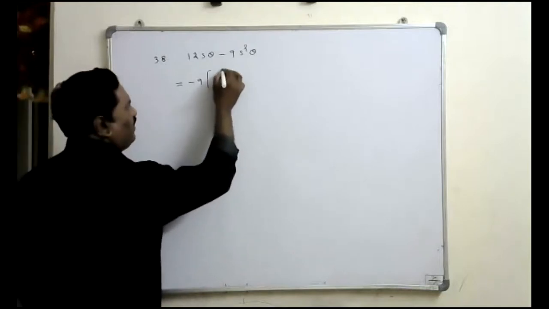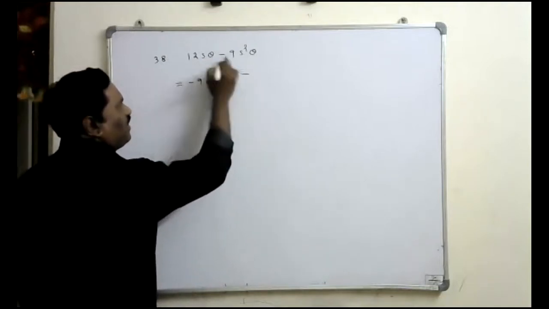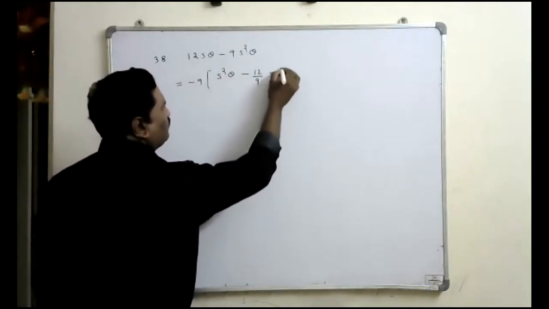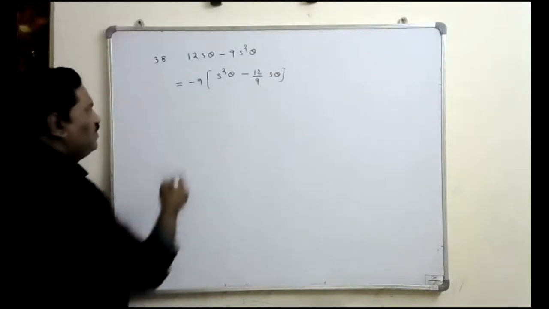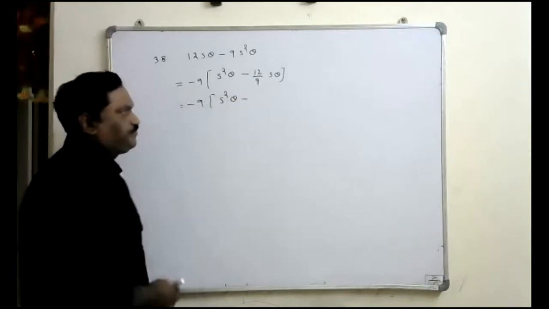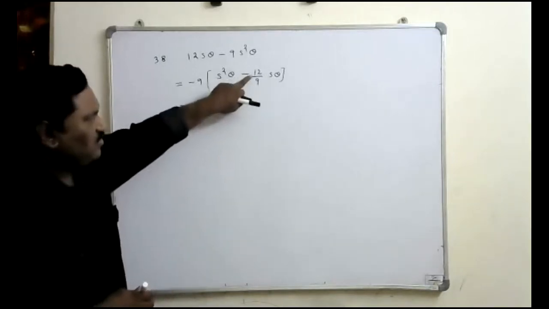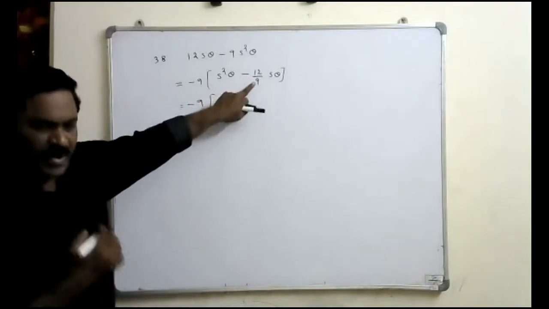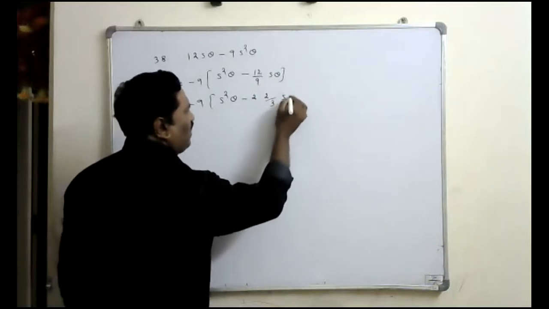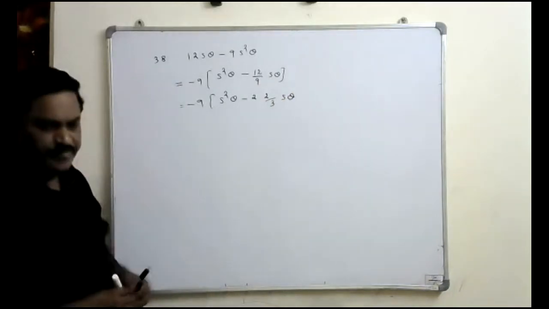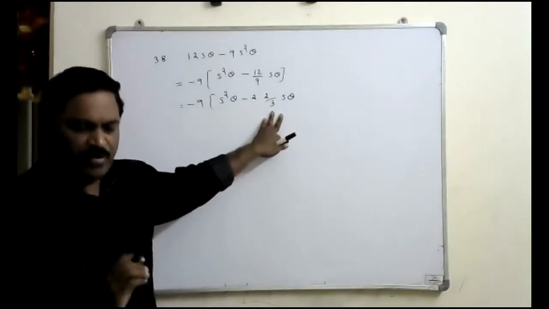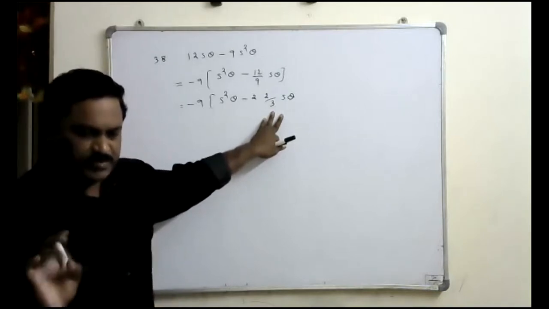Now it is sine square theta minus, here minus 9, if I take the common, it becomes minus 12 by 9 sine theta. Then it is minus 9 times sine square theta minus 12 by 9, which is 4 by 3, I can write as 2 into 2 by 3 sine theta. Now I have to convert this into the perfect square format, that is in the form of either a plus b whole square or a minus b whole square.